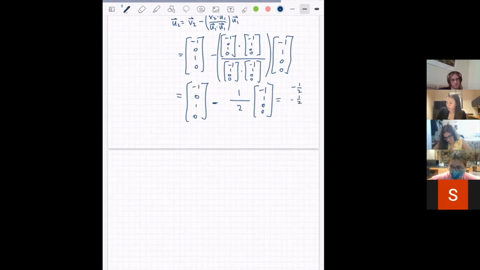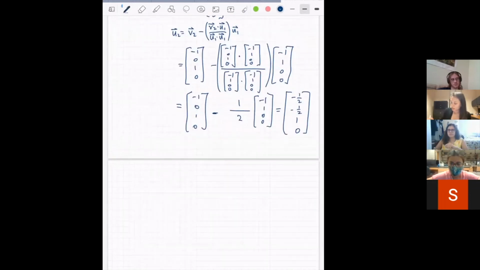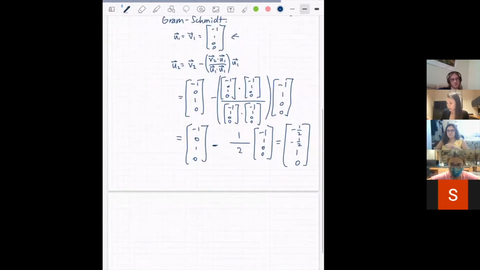There is 1 minus 0, so 1, and that's 0 minus 0, so 0. You guys agree? Okay, cool. Right, so that's the second vector, and then we just have to do U3. And so let's write down the formula for this.